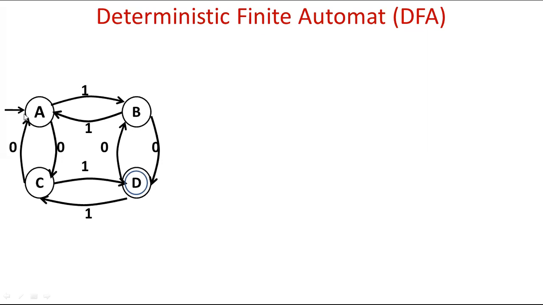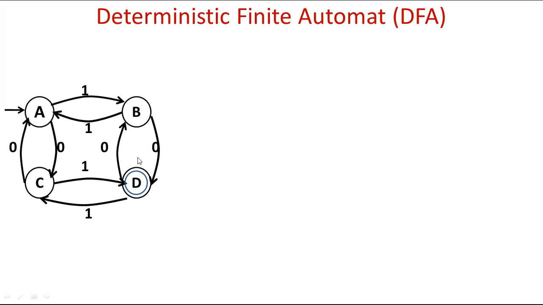Now, if you look at state D, it is different from the other states. Every other state has a single circle, but state D has a double circle around it. Whenever we see a double circle, it means that it is the final state, the terminating state. So in this case, D is the final state of the deterministic finite automata.